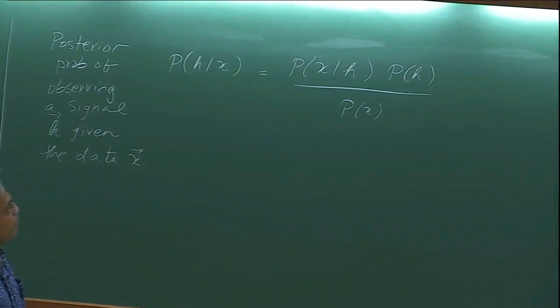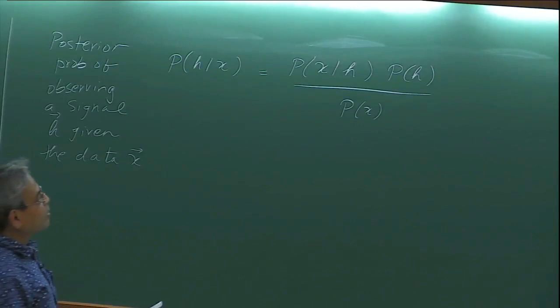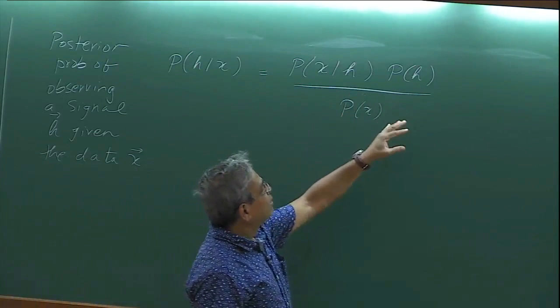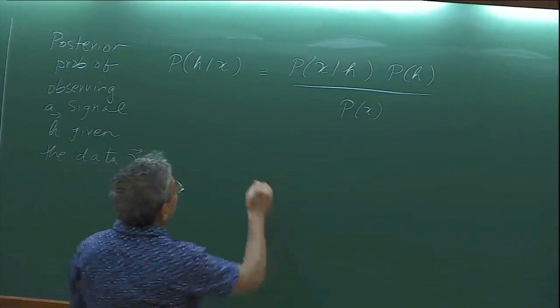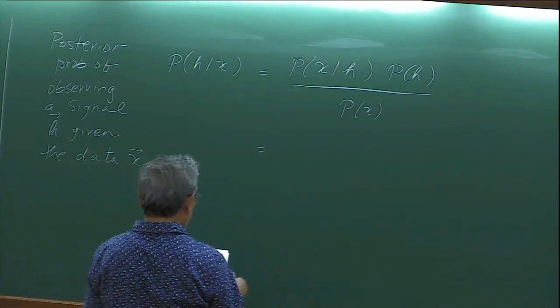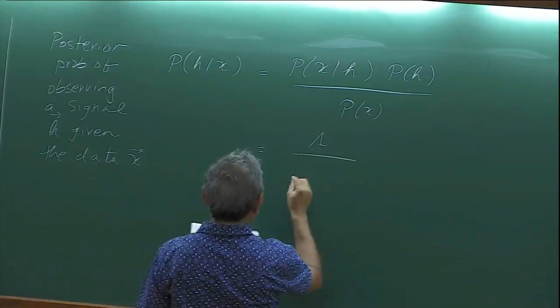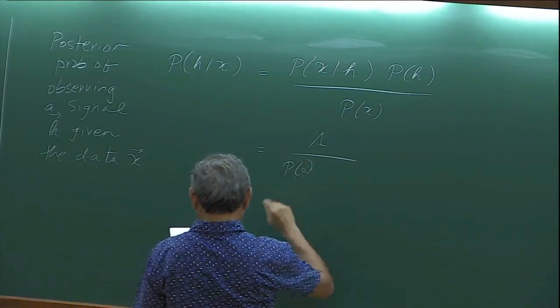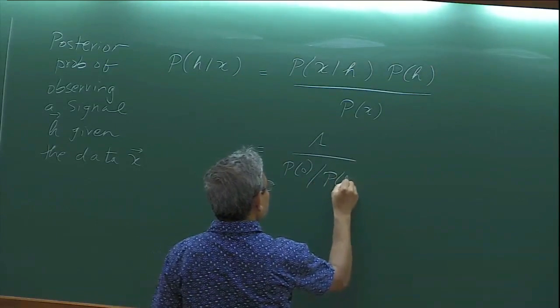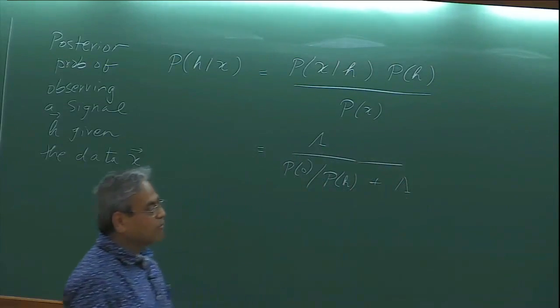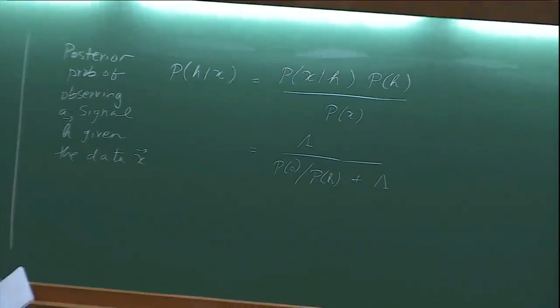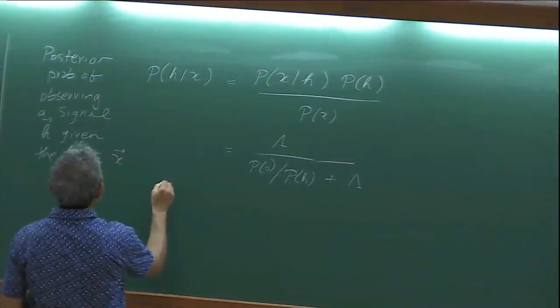What we did was to write this expression in a manner that separates out the dependence on x and dependence on the prior probabilities separately, and show that this was equal to lambda divided by P of 0 divided by P of h less lambda itself. So that's the final result that we wrote down, where lambda was called the likelihood.